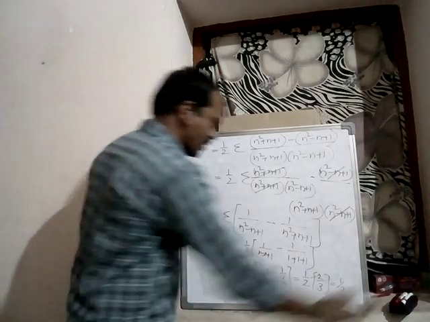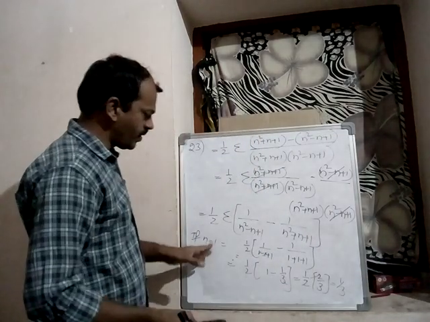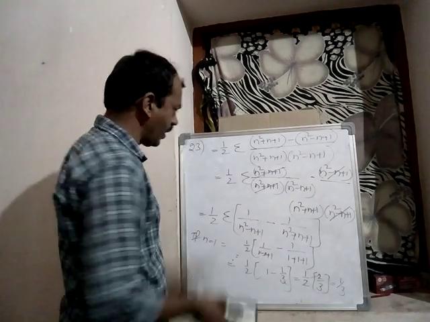What is the second term? If you take n equal to 2, then you get the second term.